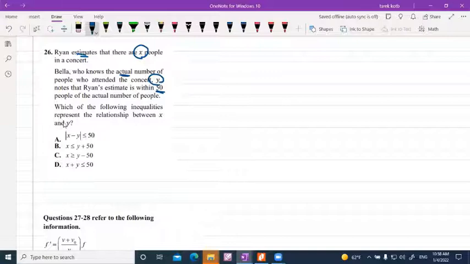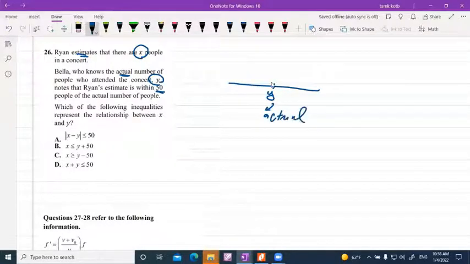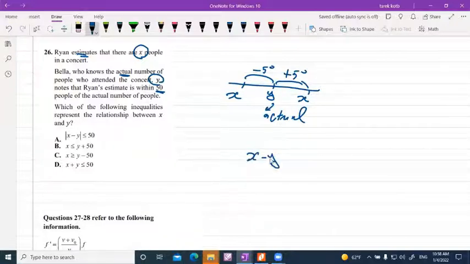Okay, let me see that. This is the Y. Okay, this is the actual number. And the estimated number is within 50, means minus 50 or plus 50. This will be X. To write the inequality of this, you have to say that it will be X minus Y, the difference between the estimated and the actual, is less than 50.